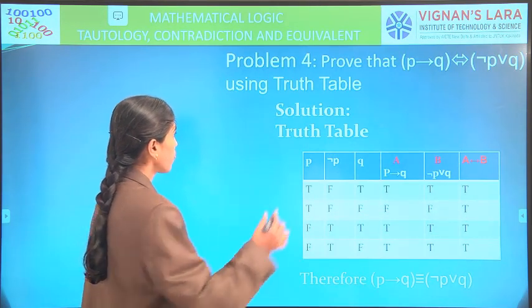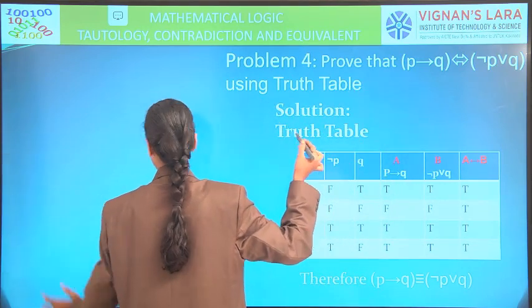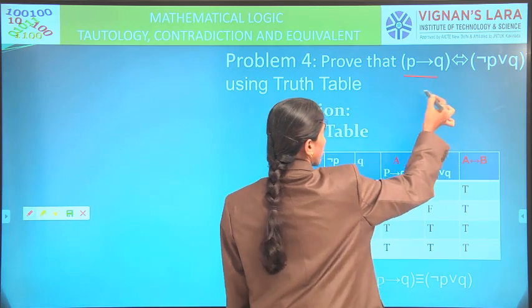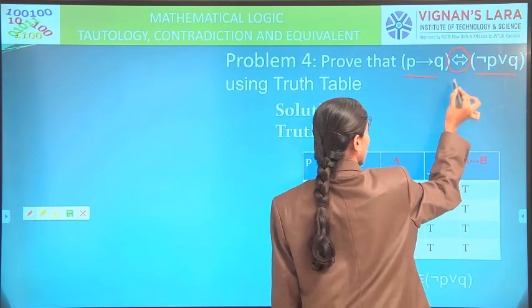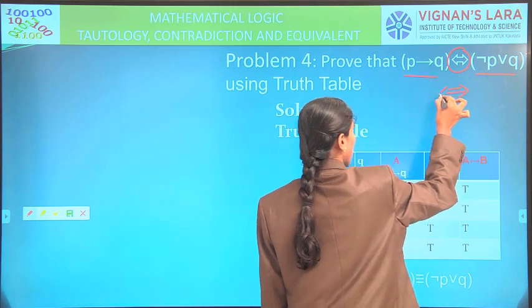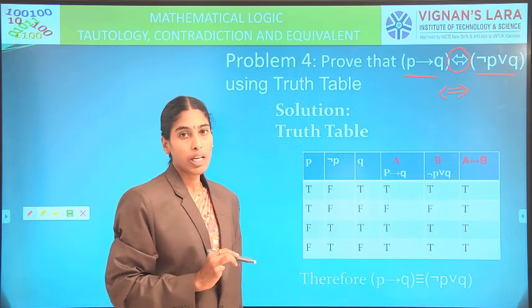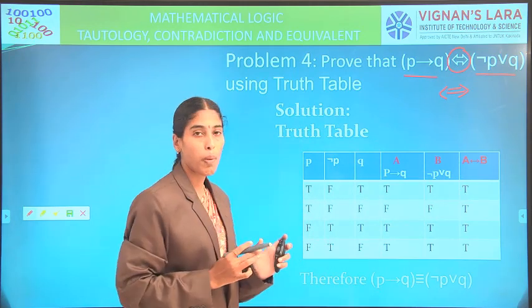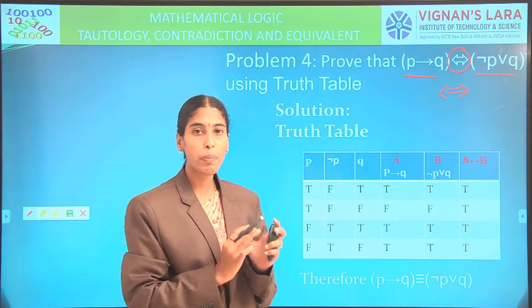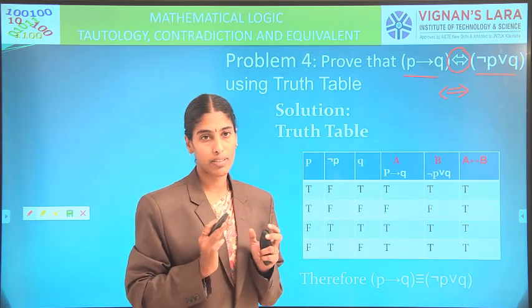Next one, prove that P conditional Q is equivalent to negation P or Q, here the symbol is a two-sided arrow, which means logically equivalent. In the previous problem also we solved the same kind of problem, but there they asked that the first proposition and the second proposition are logically equivalent.